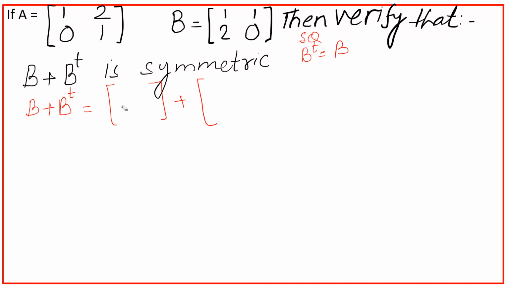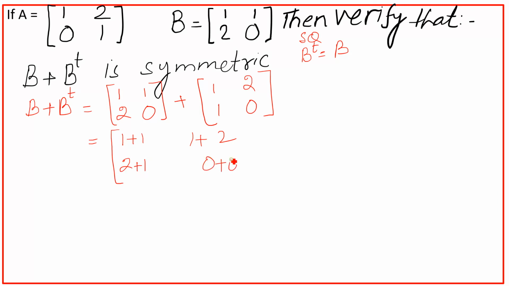See, I have written the matrix by mistake. This is B: 1, 1, 2, 0, and this is 1, 1, 2, 0. Add it, corresponding entries you have to add: 1 plus 1, 1 plus 2, 2 plus 1, and 0 plus 0. So which is equal to 2, 3, 3, and 0. So what is this? This is B plus B transpose.